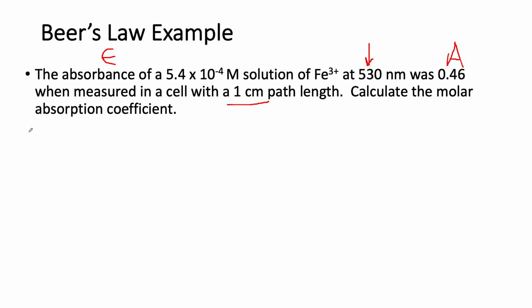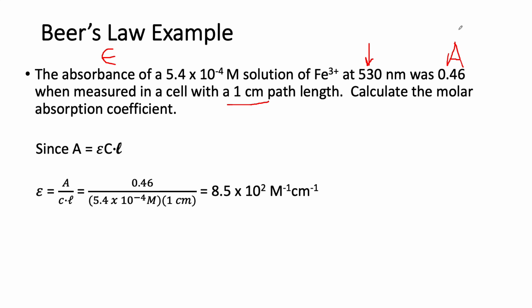And what we want to do is calculate the molar absorption coefficient. This is pretty easy because we already gave you the absorbance of 0.46, remember, which is the negative log of the transmittance.